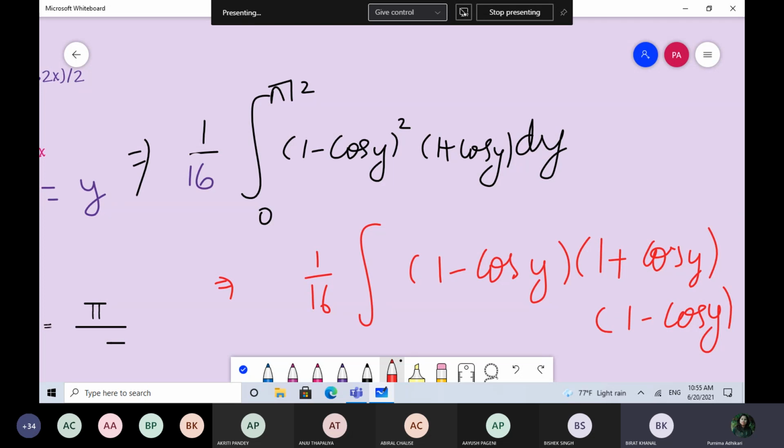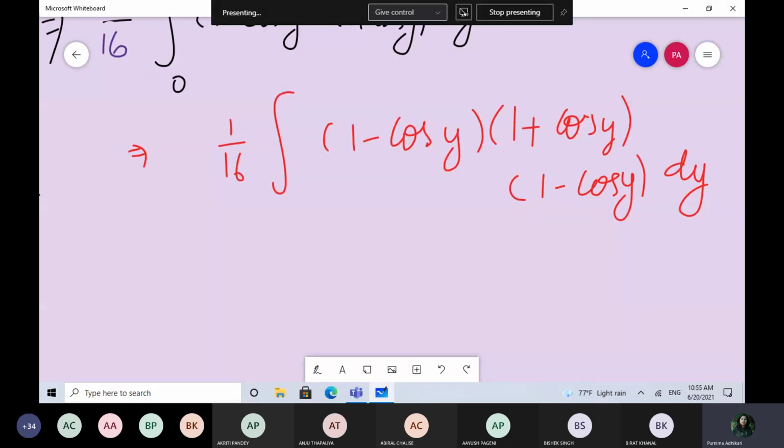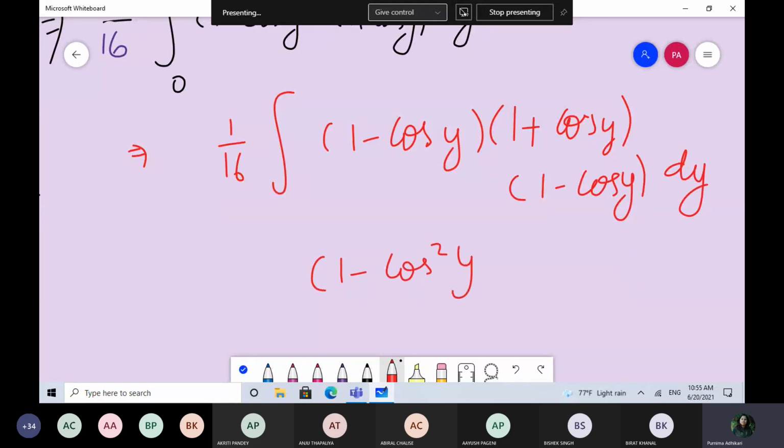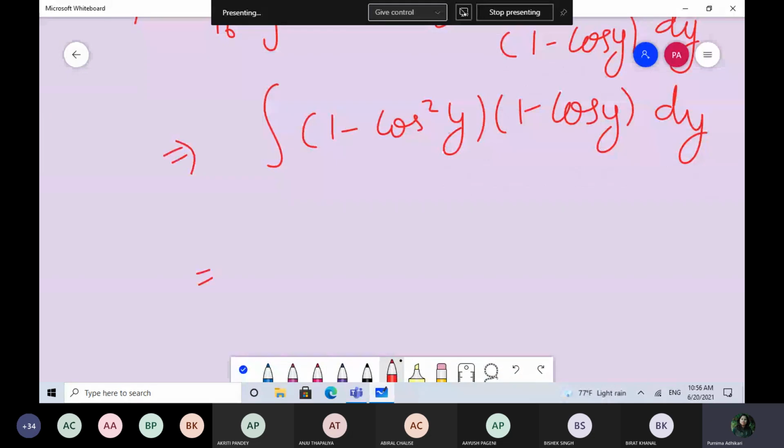Yes ma'am. Okay. In whichever way you go, it's the same thing. So you will get 1 minus cos square y and 1 minus cos y again. The constant is there; I'm not writing it down again and again. So what happens next? Let's separate each integral. First, let's multiply the 1 with both its terms.